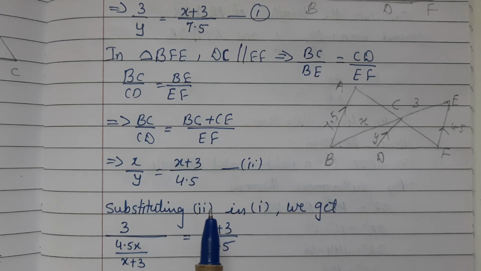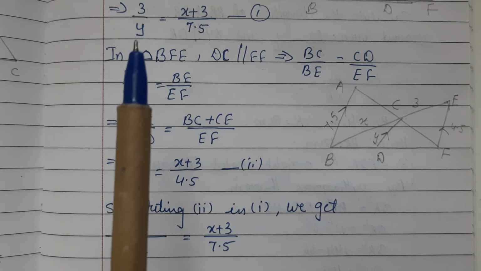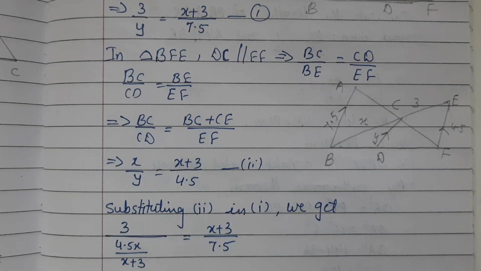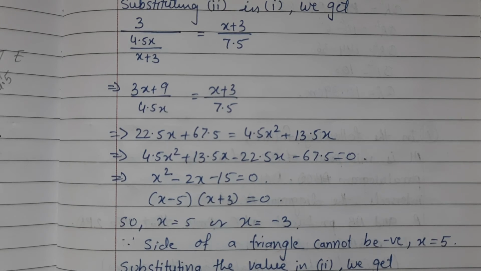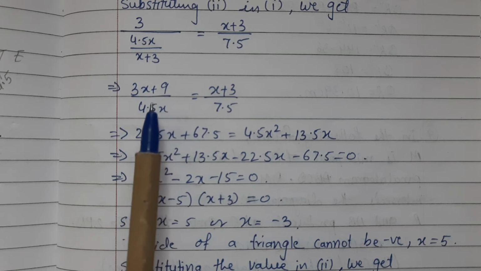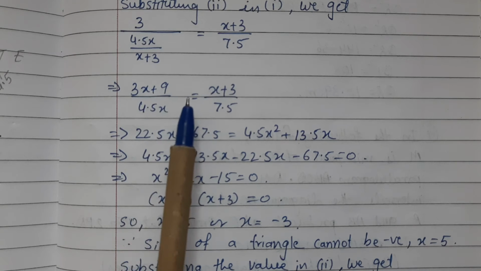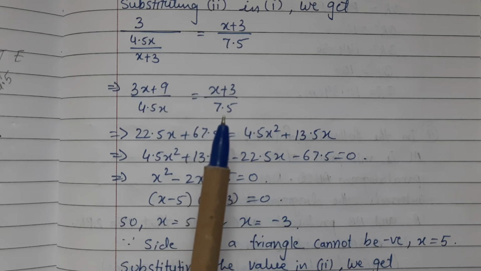Substitute 2 in 1, we get y is equal to 4.5x upon x plus 3. So y equal to this, we will substitute in equation 1. We get 3 upon 4.5x upon x plus 3 is equal to x plus 3 upon 7.5. Therefore, 3x plus 9 upon 4.5x equal to x plus 3 upon 7.5.